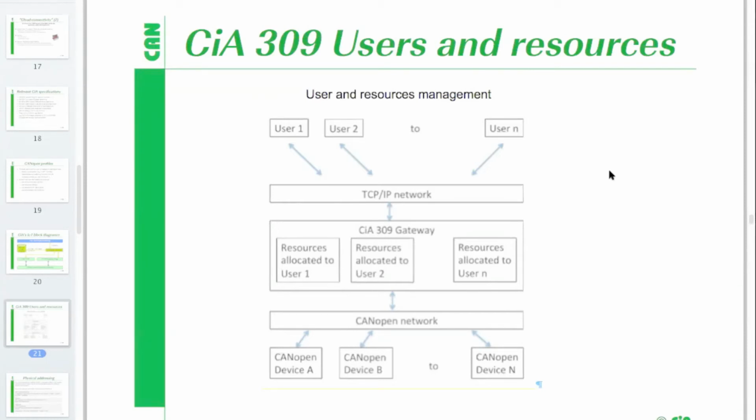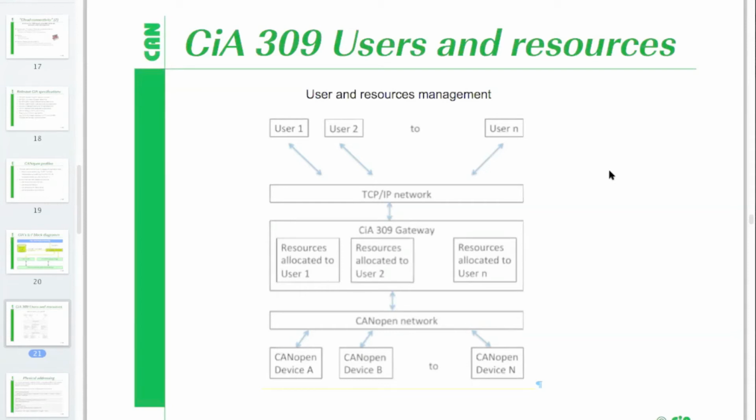We have a mapping of all CANopen services onto TCP/IP, Modbus, ASCII-based communication, Profibus, whatever it might be. We also have management for the gateway capabilities of the 309 gateway device: user management and resources management.